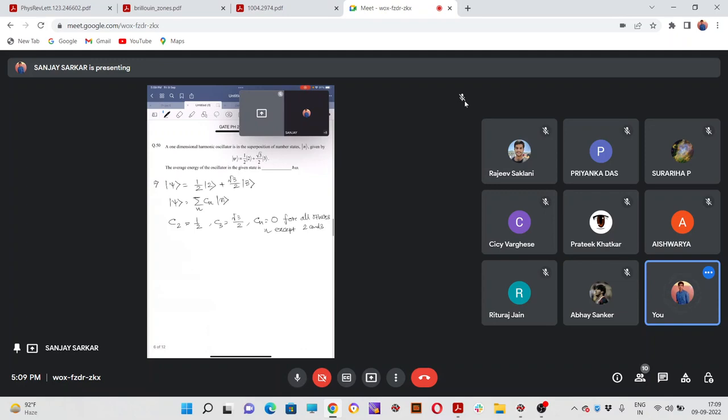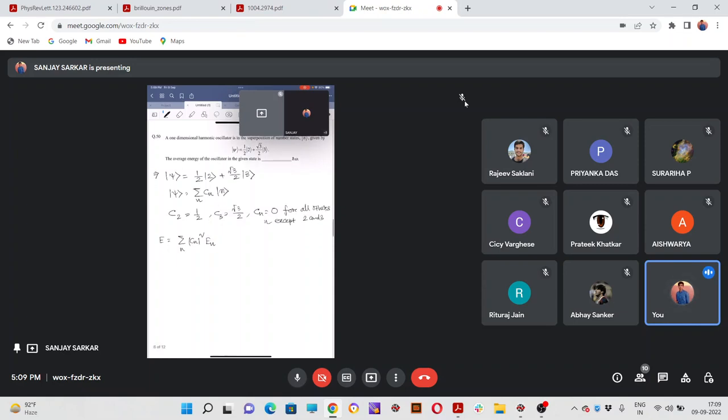So we know the average energy can be written as sum of Cn square En. And for harmonic oscillator, as we all know, En is n plus half h bar omega.